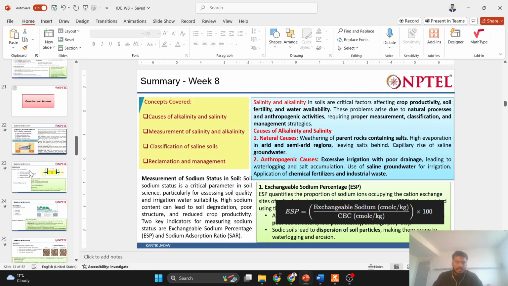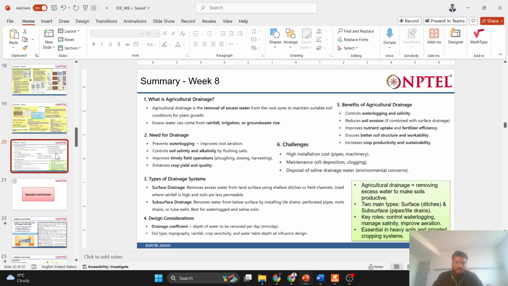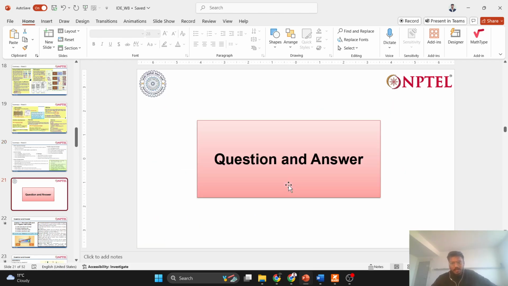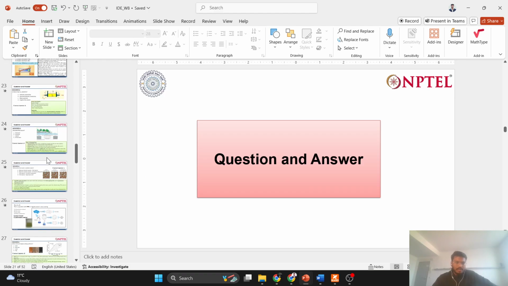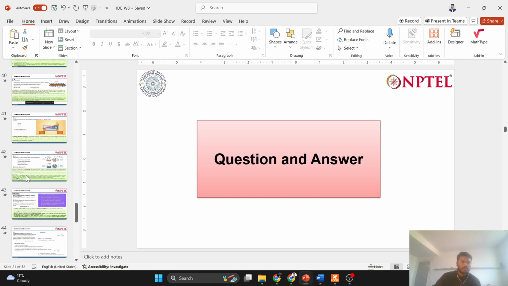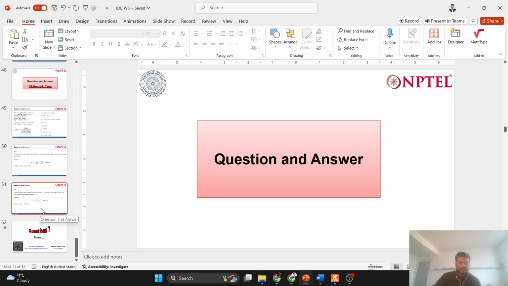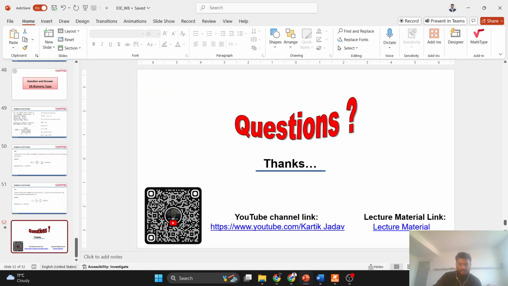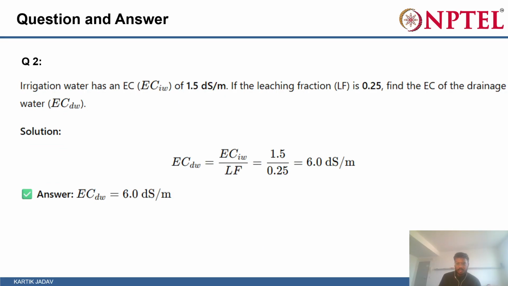And then finally we started talking about agricultural drainage. Of course, we have just started this, and next we will see various design aspects of grids and maintenance aspects. We have also solved multiple choice questions based on the concepts we have learned and certain numerical questions. With this, we have ended this session.